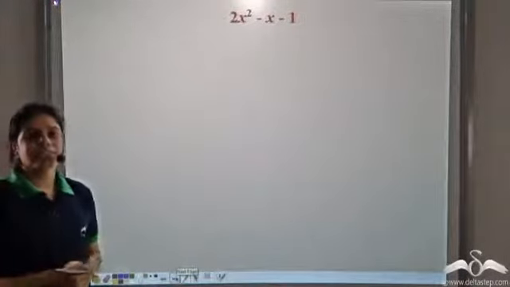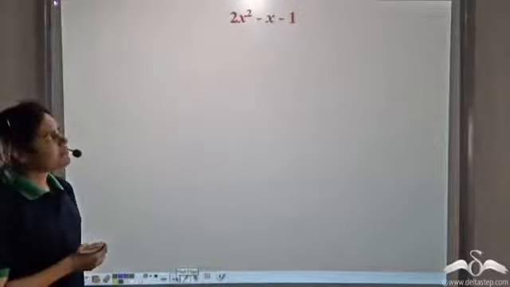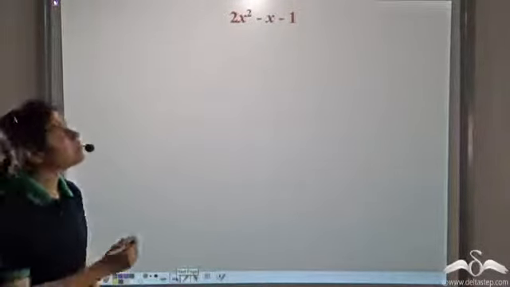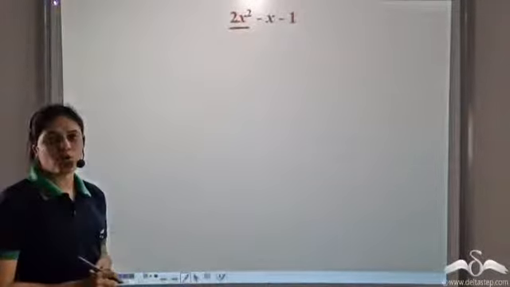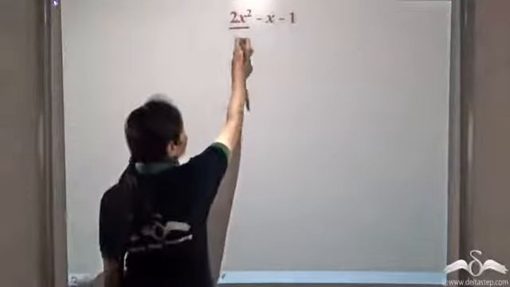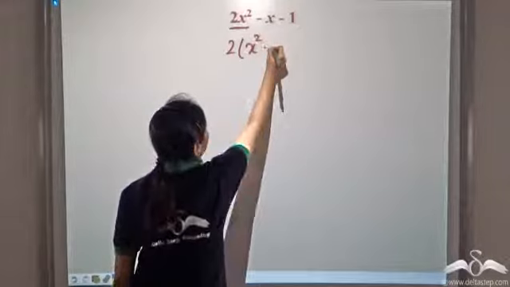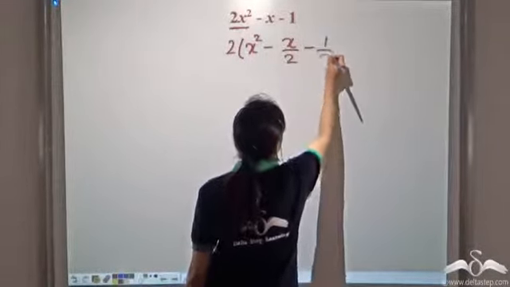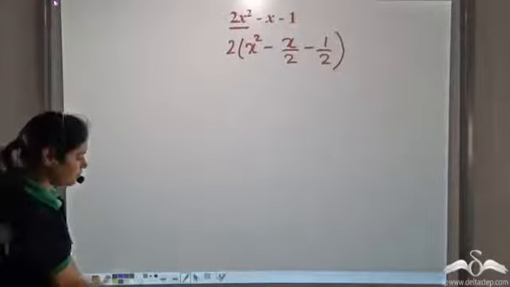Now factorize this expression using the factor theorem. Whenever you have to factorize a polynomial using the factor theorem in which the coefficient of the first term is not 1, we normally take the constant as common and make the coefficient of the first term 1. So we take 2 outside and write it in this manner.